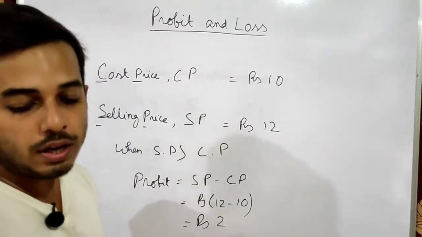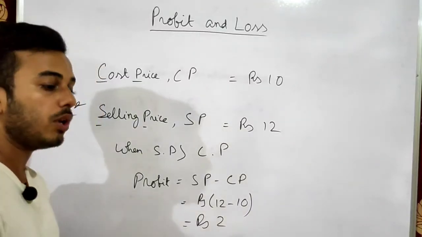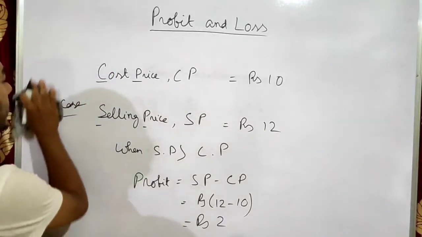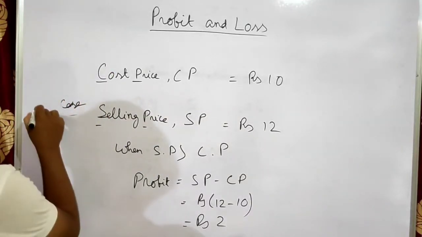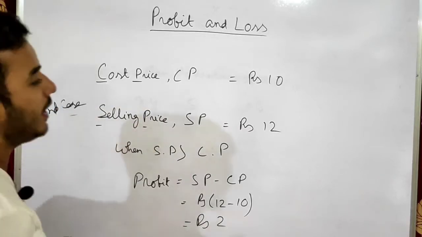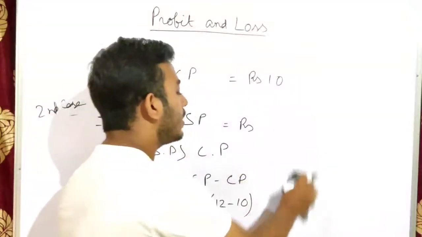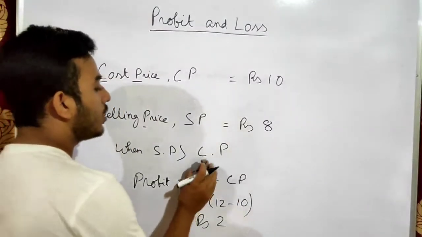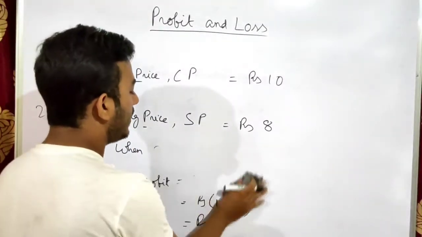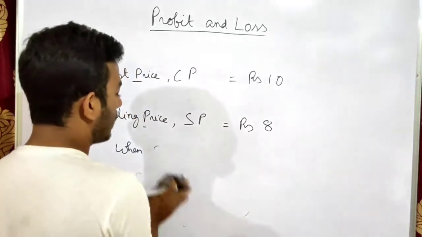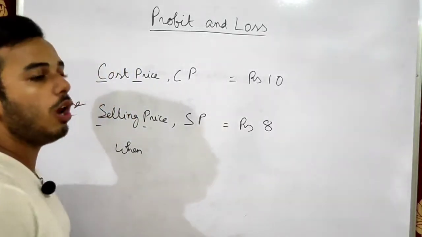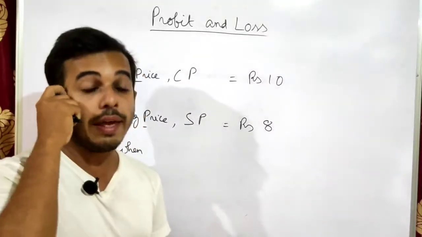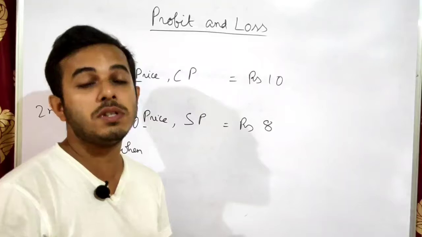Now let's move to our second case, when we sold the pen for rupees 8. Here the selling price SP was rupees 8. So here CP is greater than SP, so it means loss. I have bought something for a higher price and sold it for a lower price, that means it is a loss.